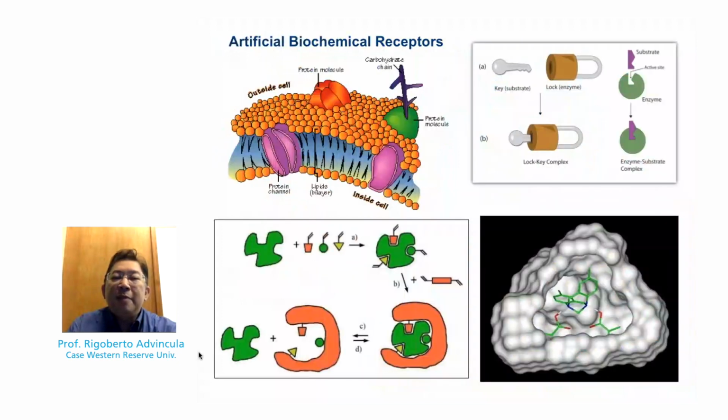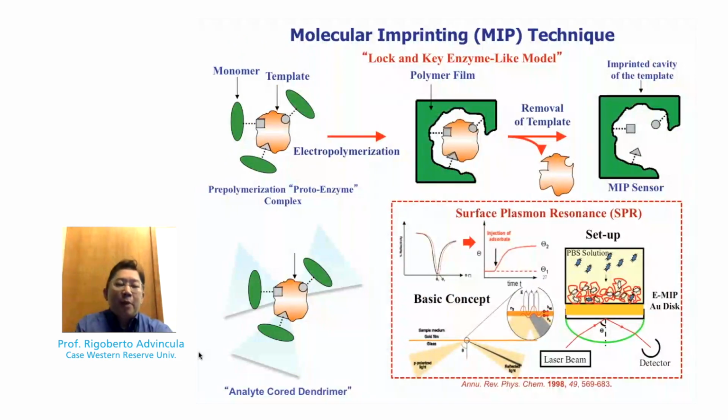We do this with what we call a lock and key model, where we synthesize the lock based on a key or a targeted biomolecule or chemical, and then simulate the cavity by synthesizing that cavity through a cross-linking reaction. We have developed molecular imprinting in our lab, primarily by using electrochemical methods.